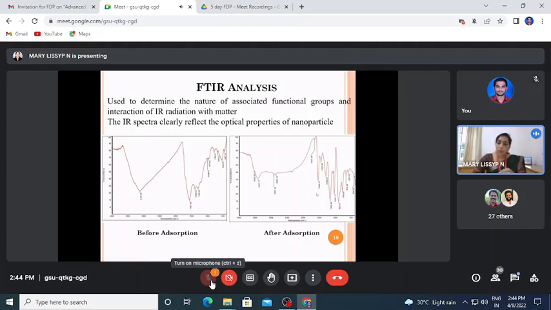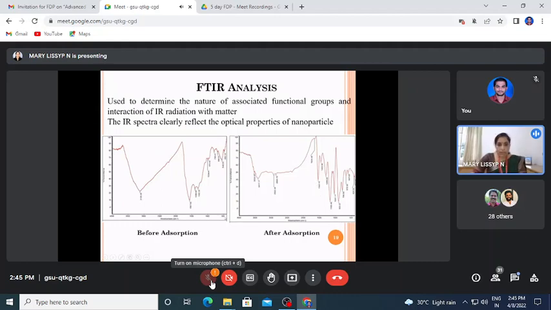Let me show how we will interpret from this analysis, before adsorption and after adsorption. You can see the value. Let me take one value. I don't know whether the value is clear, but I will read it. It is 1567. This side, if I am taking, it's 1543.